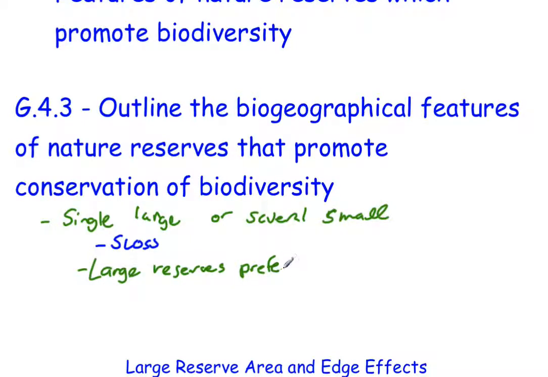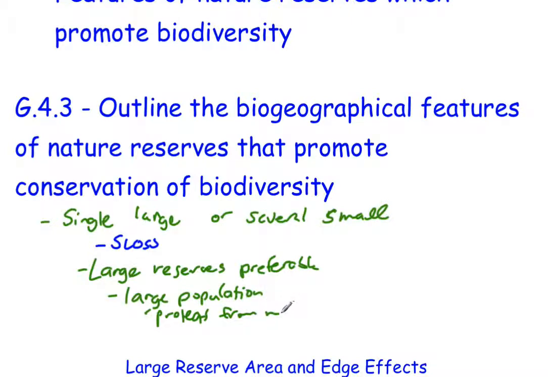The main one is that having a large reserve means that you can have a large population within that nature reserve. And why that's important is because it helps to protect the species within that nature reserve from different things outside of your control, like natural disasters or disease outbreaks.